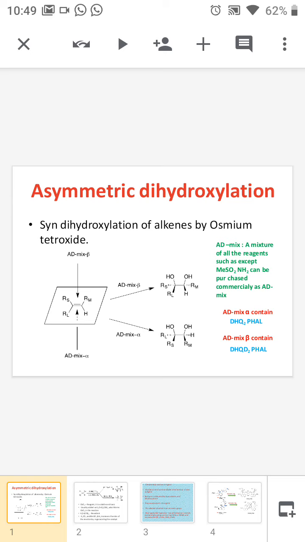We can purchase two types of AD mix. One is AD mix alpha, which contains (DHQ)2PHAL, and AD mix beta, which contains (DHQD)2PHAL.